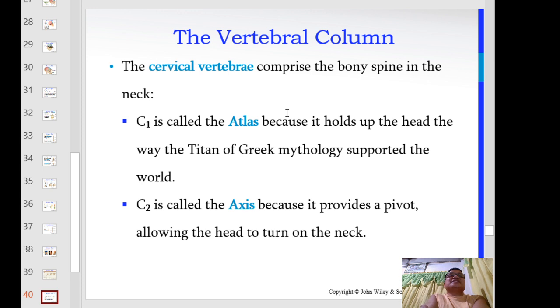Then you have your axis, where your atlas rotates. When you turn or nod, your atlas moves on your axis.